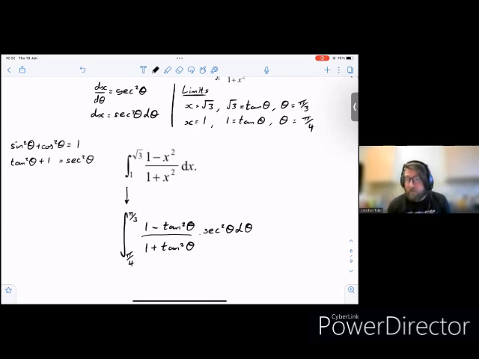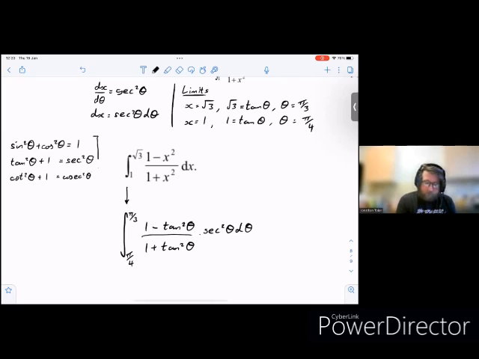And actually, that's the identity we will want, isn't it? However, let's just write the other one as well, just so that we've got them. Cot squared theta plus 1 equals cosec squared theta.